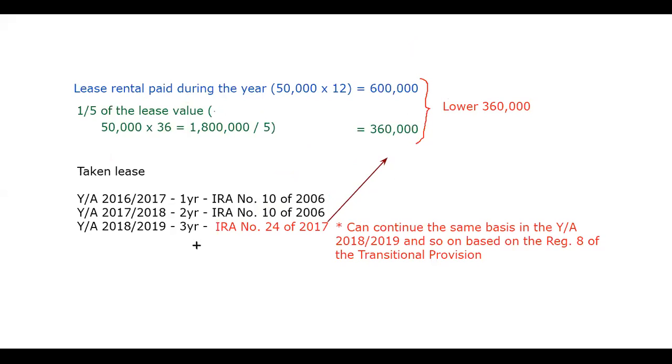Let's say the asset they have taken on a 5-year lease agreement, then for 5 years, 2021 also you can continue the same previous law provision. The previous law means Act number 10 of 2006. Then I'm moving to the slide again.